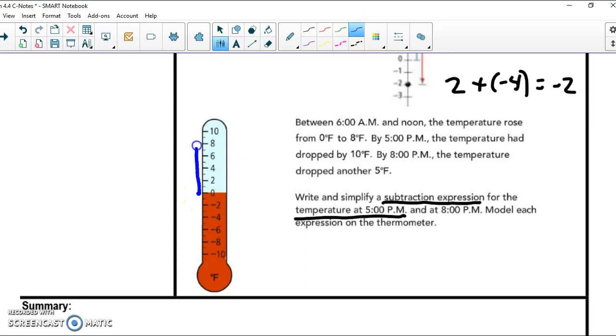I'm going to start at 0, and I'm going to go up to 8 here. And then from here, the temperature dropped 10 degrees. So from positive 8, I'm going to now go down, or negative 10 degrees. So that brings me down here to negative 2.